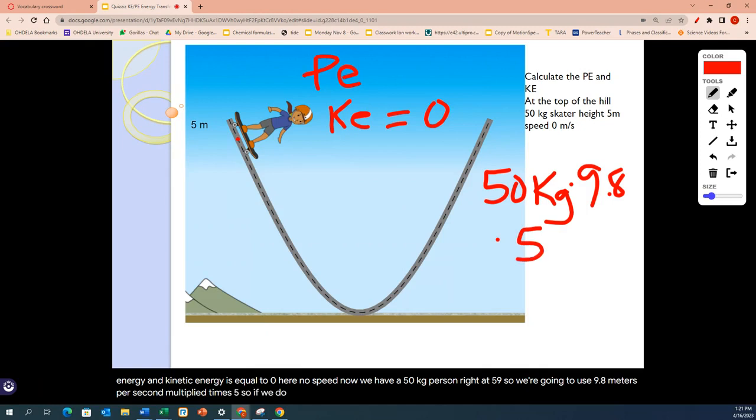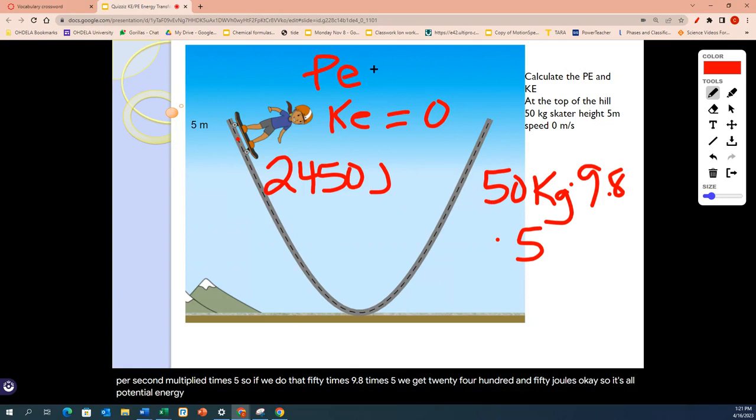So 50 times 9.8 times 5, we get 2,450 joules. Okay, so it's all potential energy, 2,450 joules at the top.